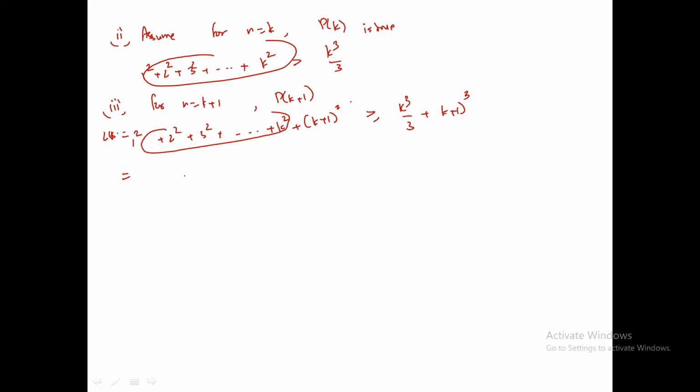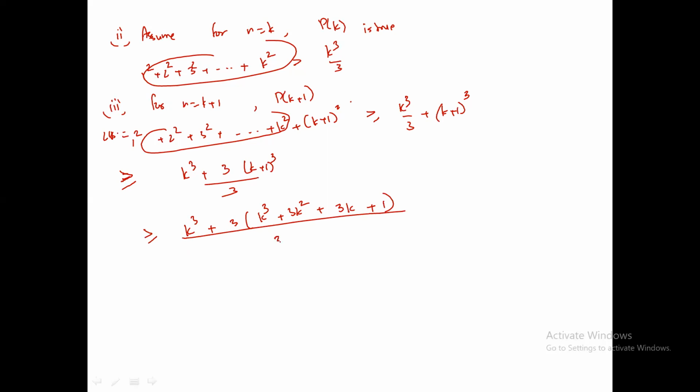So here I can write k cube plus 3 into k plus 1 whole square by 3. Or k cube plus 3 into k square plus 2k plus 1 by 3.